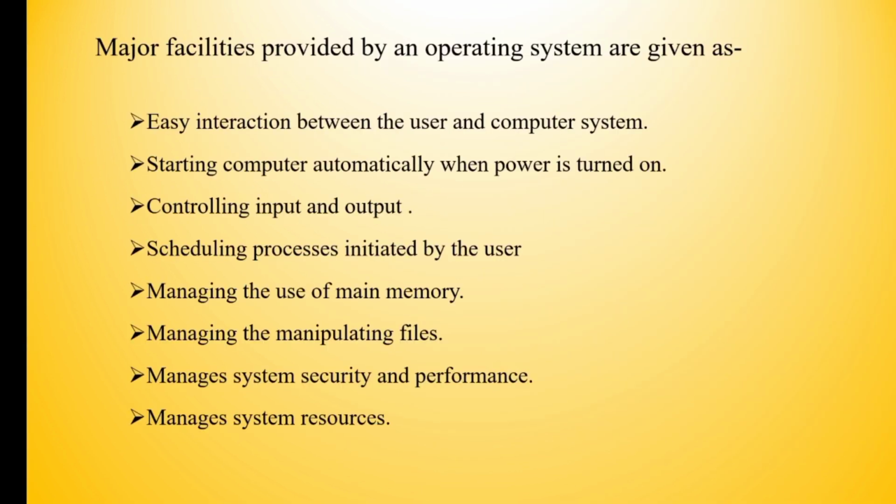Now let's move on to the major facilities provided by an operating system. It provides easy interaction between the user and computer system. It starts computer automatically when the power is turned on. It controls the input-output devices connected to it. It will form the queue of the jobs given by the user and executes according to the priority. Manages the usage of memory.